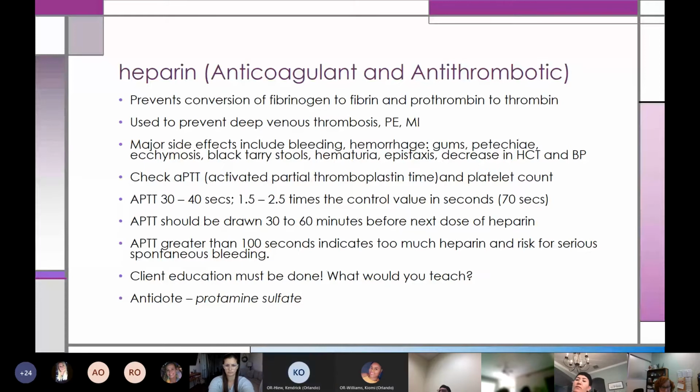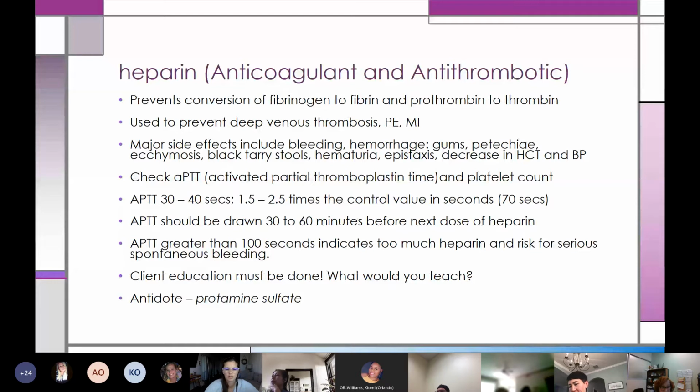That's a good one. What did you say, Uma? To monitor the bleeding signs, like when they brush their teeth, if they're gums are bleeding or nose bleeding. Very good. And to be careful about the use of razors and sticking themselves with a knife or things of that nature. Yeah, so we'd want to teach them about that.